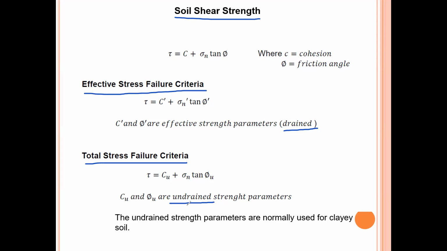In a site like, for example, a clay soil site, where the soil is less permeable or the process is quicker, there's no time for water to escape. So undrained parameters are used for clayey soils and drained parameters are used for sandy soil.